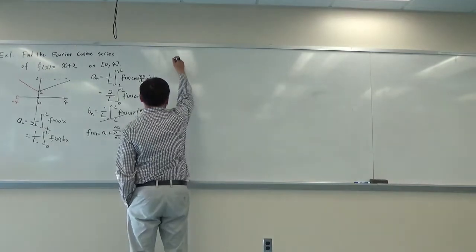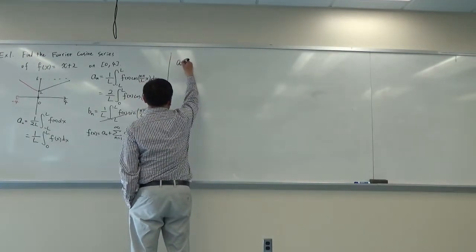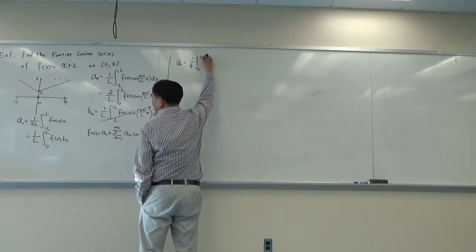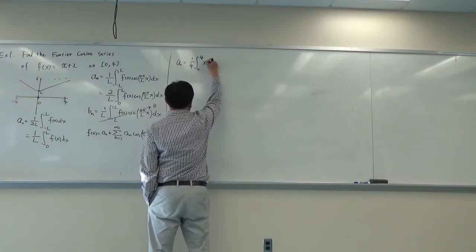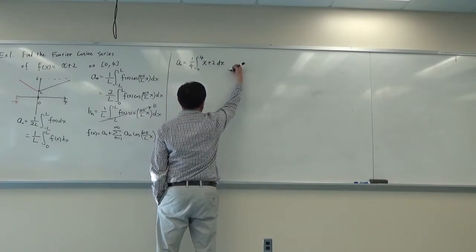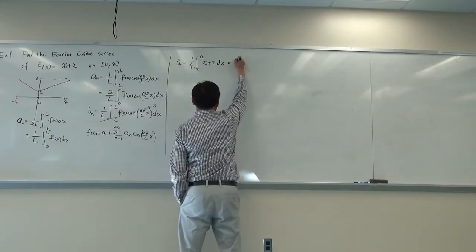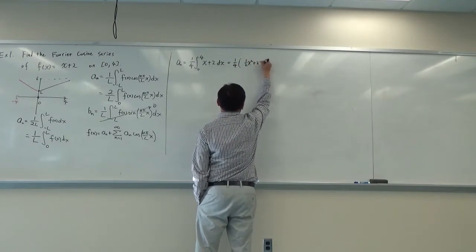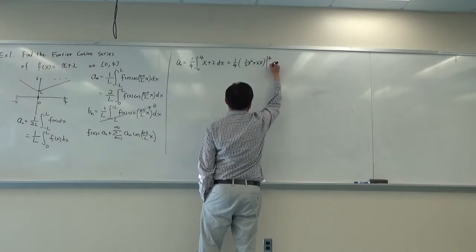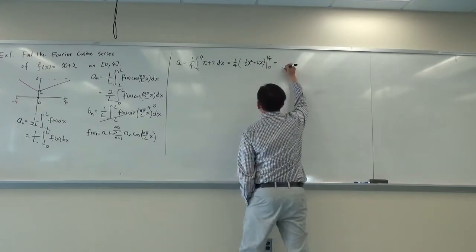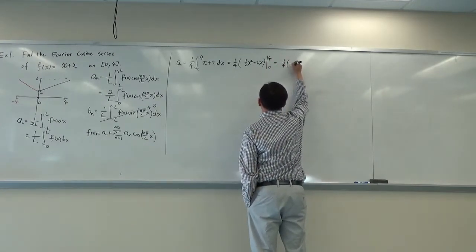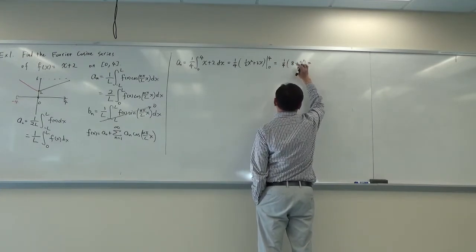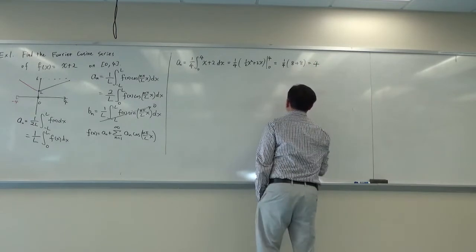So that's what we're going to use for calculating. a0 is equal to 1 over 4 integral from 0 to 4 of x plus 2 dx. And that's going to be 1/4 of 1/2 x squared plus 2x. And you have to plug in 4 and 0, which gives you 1/4 of 8 plus 8. And that's going to be 2 plus 2, which is 4.